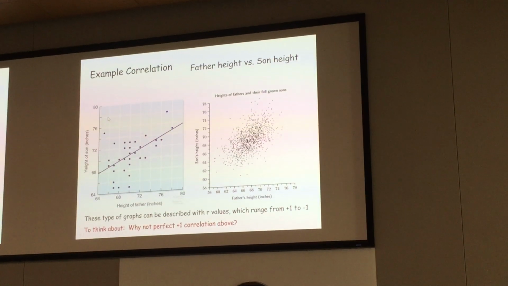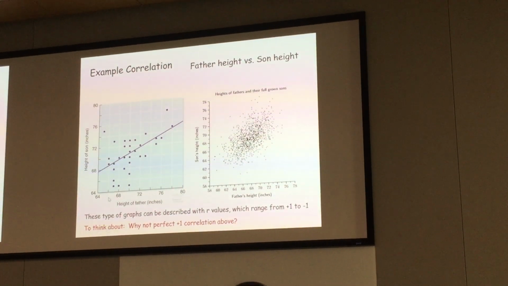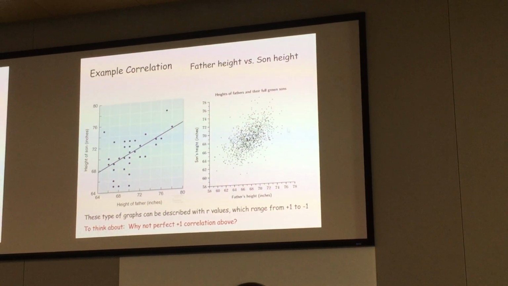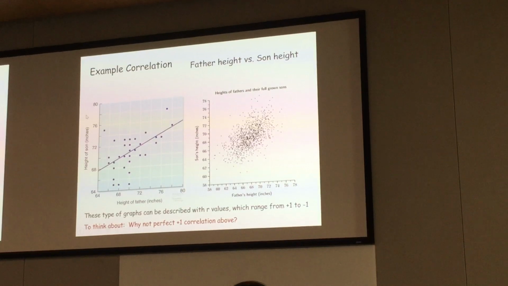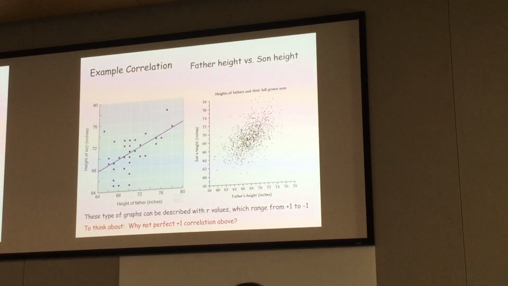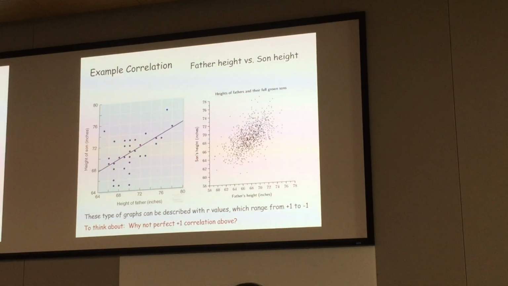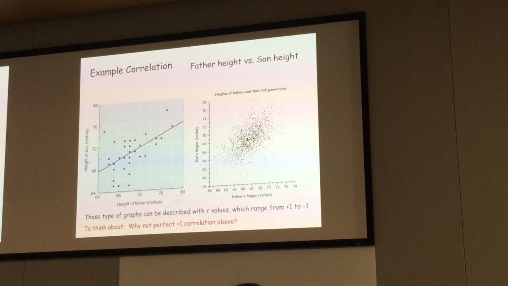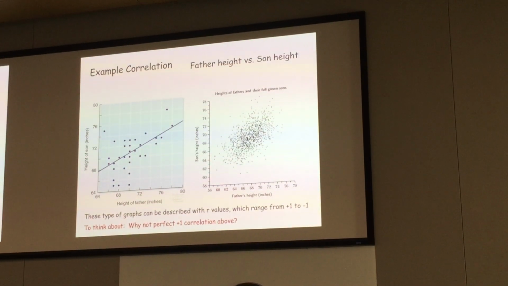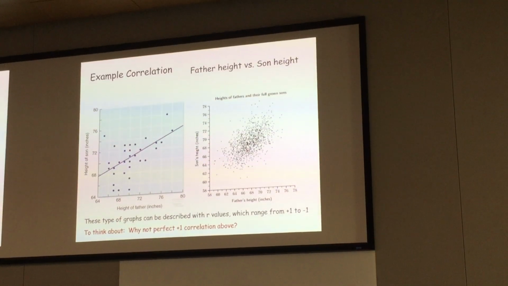So here we have a couple graphs showing you, in this case just a few data points, in this case lots of data points, the height of a father compared to the height of the son. Okay, so you'd like to get a sense, is there a strong genetic contribution from the father to the son that will dictate height? And it doesn't have to be height, it could be any complicated phenotypic trait, but here's the example we have.